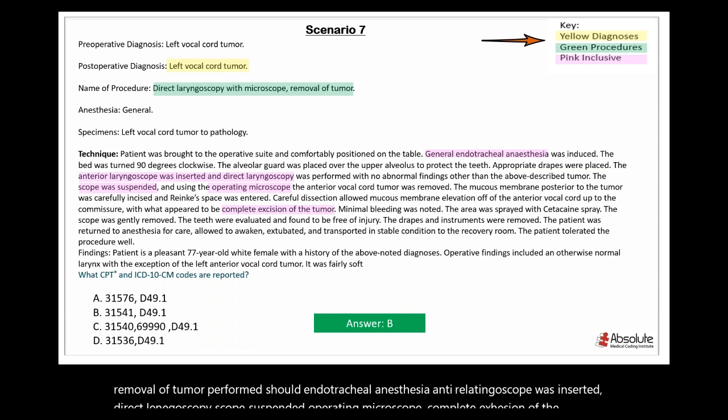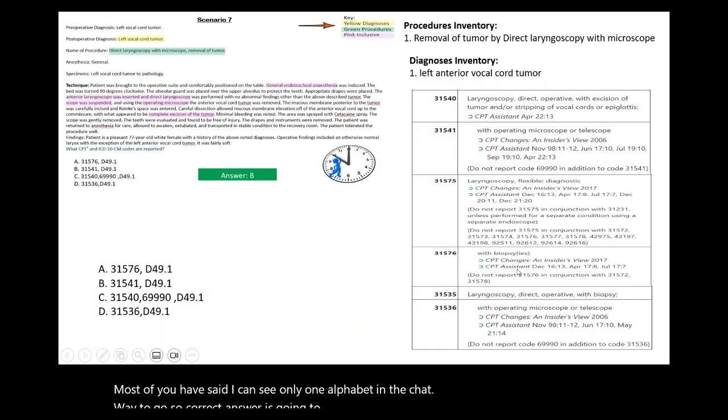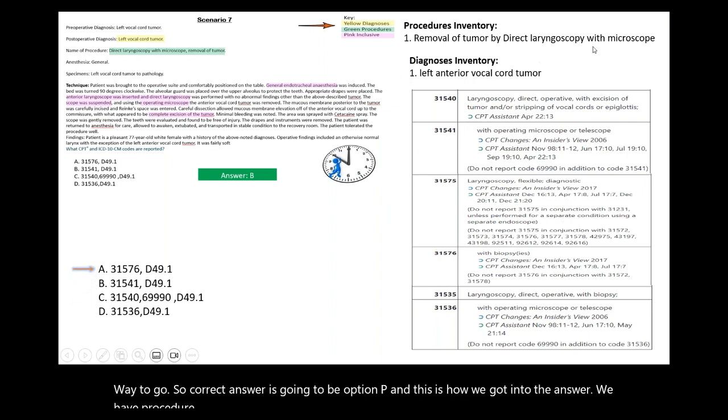The correct answer, as most of you have said, is going to be option B. And this is how we got to the answer. We have the procedure inventory: removal of the tumor by direct laryngoscopy with microscope, and the diagnosis inventory: left anterior vocal cord tumor.